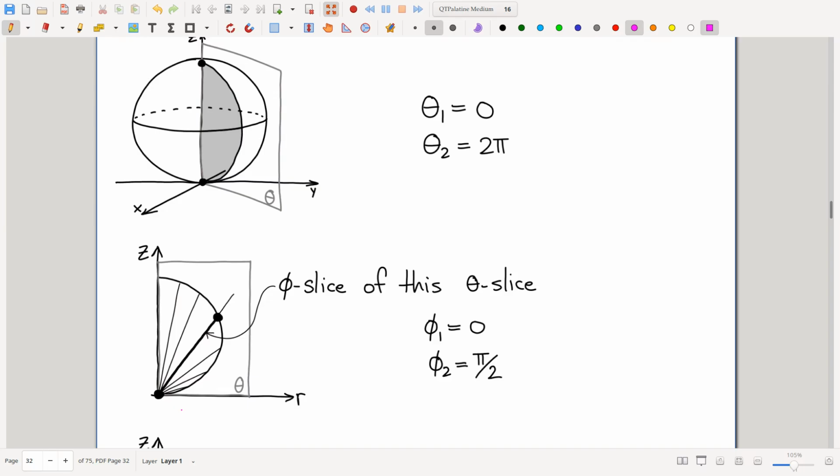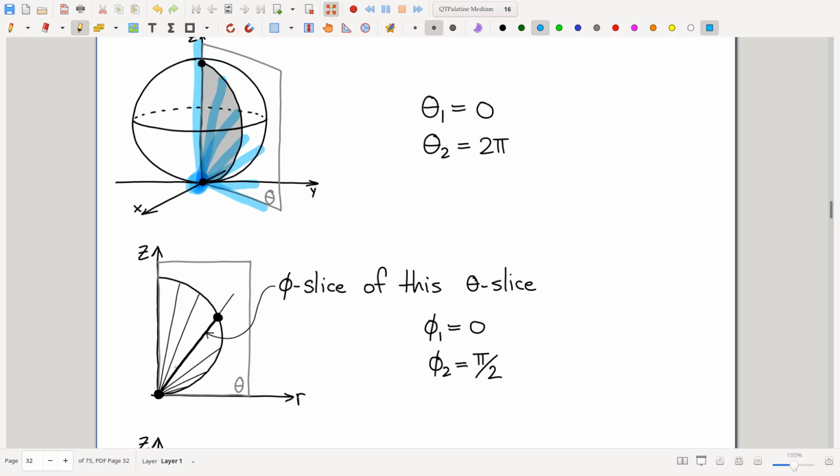So now, don't forget, phi is measured from the origin, sort of leaning over from the vertical. And so your phi slices look kind of like this.